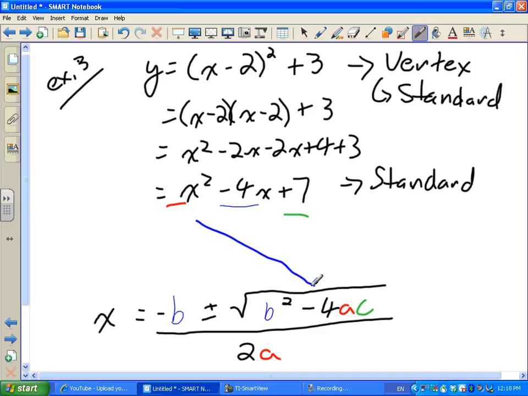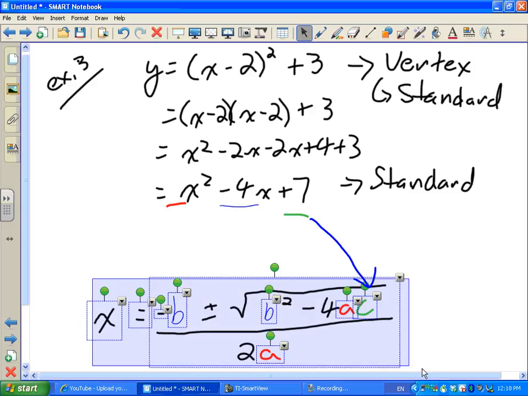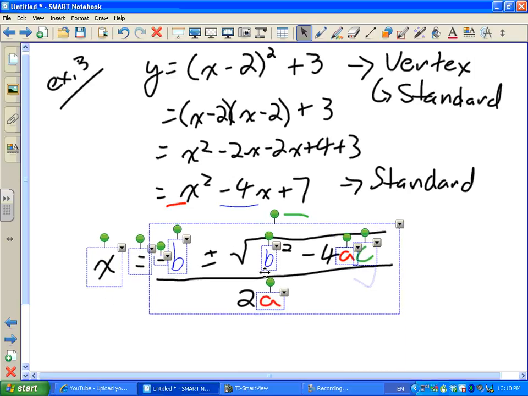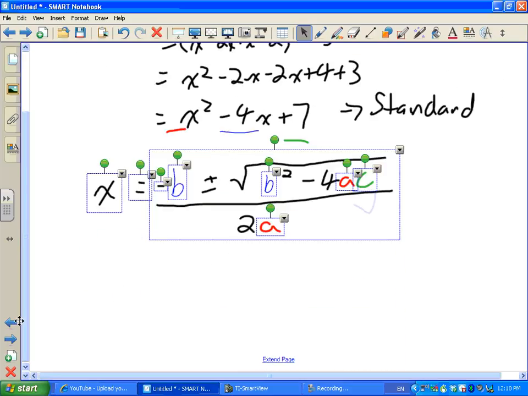My 1, I'm going to plug in for both of the A's. Our -4, we're going to plug in for both of the B's. And our 7, we're going to plug in for the C. So I'll bring this formula up a little, and then we'll show you all the numbers are plugged in.